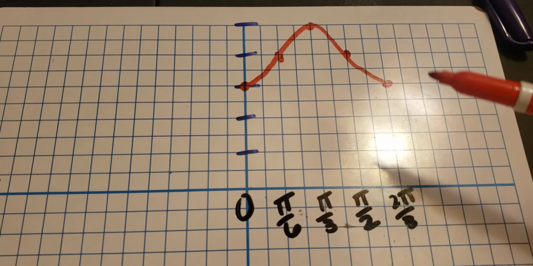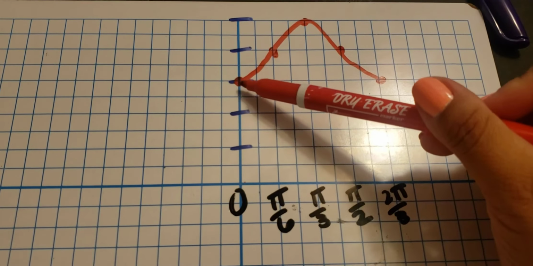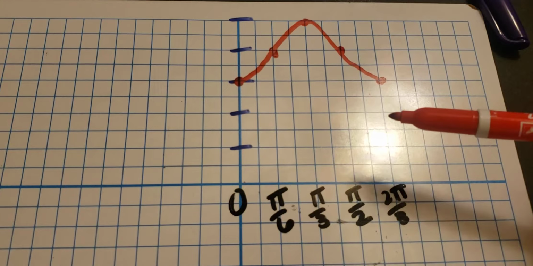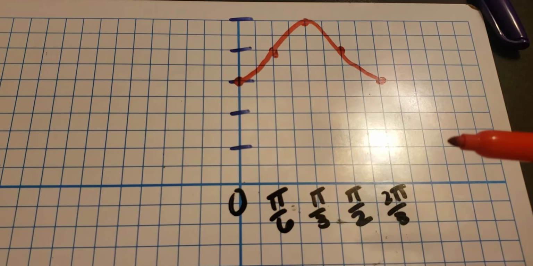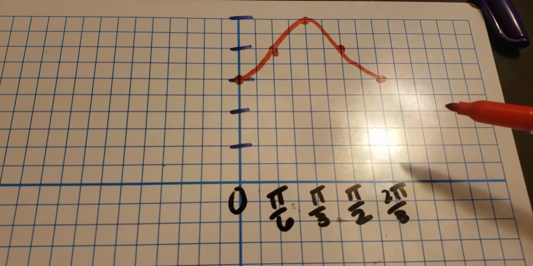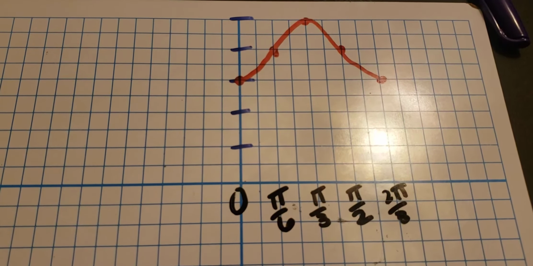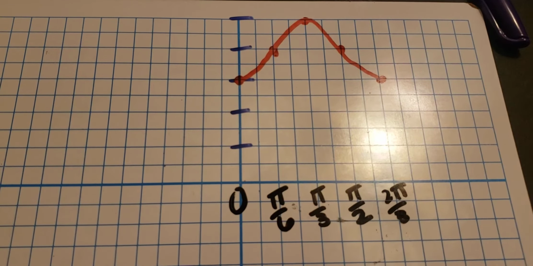But this time, remember, it got reflected, so now it's starting off low and then it's going up and down. Sometimes they might ask you to do 2 full periods, so I would keep this going. I could extend it maybe.